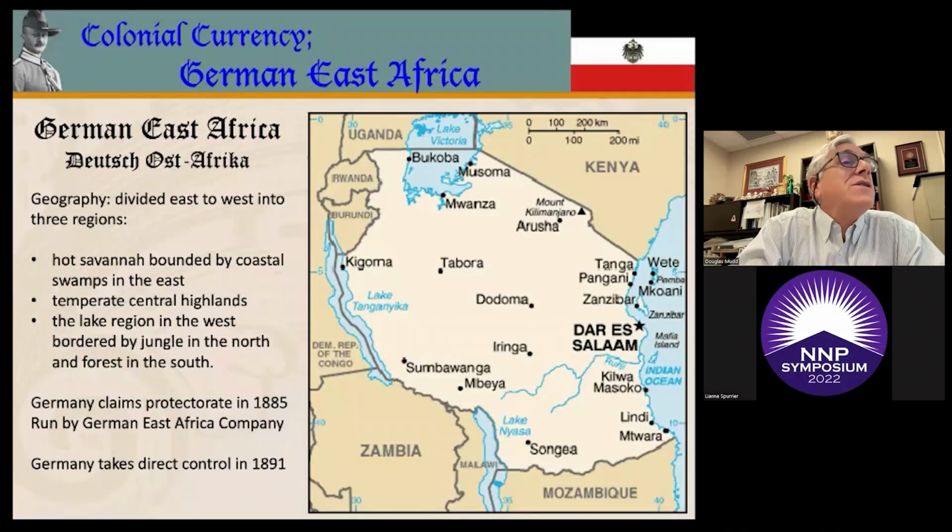And the lake region in the west, bordered by jungle in the north and the forest in the south. Lake Tanganyika is a huge lake, over 400 miles long with 80 to 100 miles wide. So it's a huge inland sea that formed the western boundary of the area.